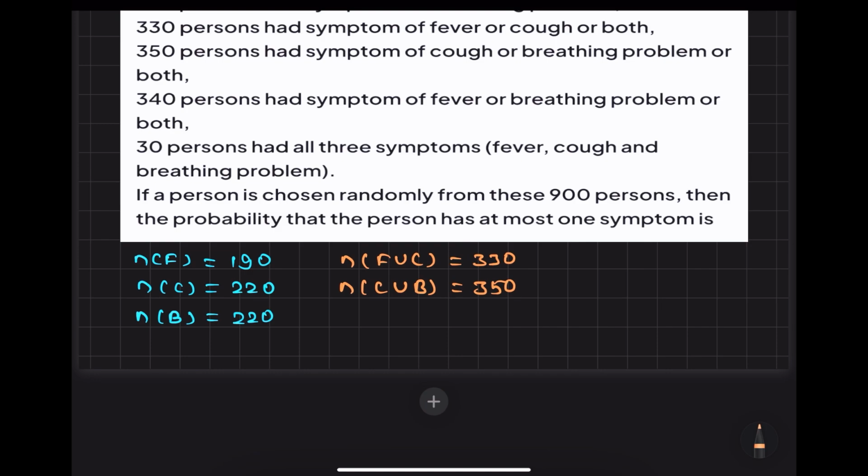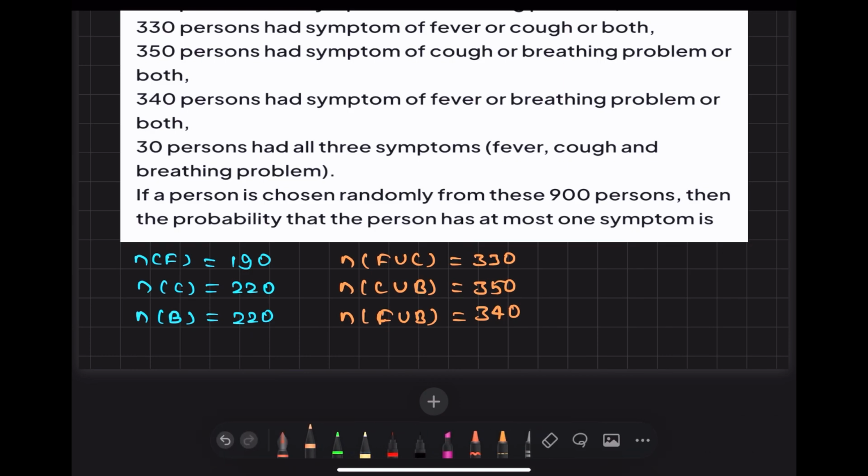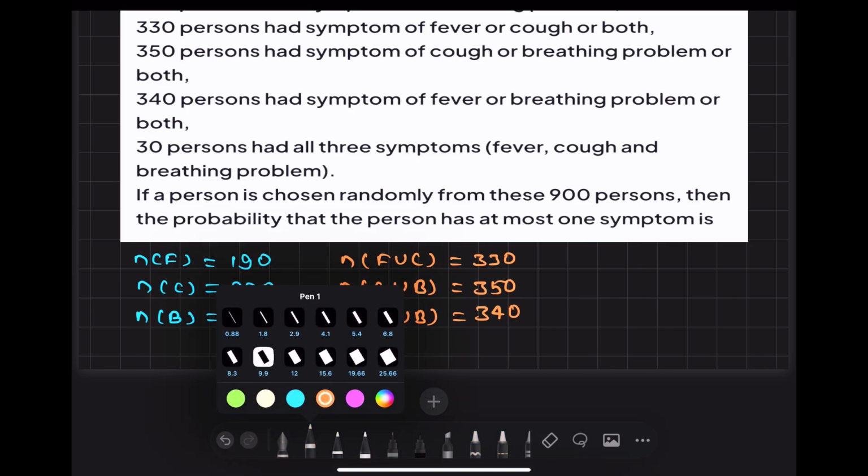340 had symptom of fever or breathing problem or both. Again they are talking about or. So N of F union breathing problem B is 340. Okay. 30 had symptom of all three symptoms.